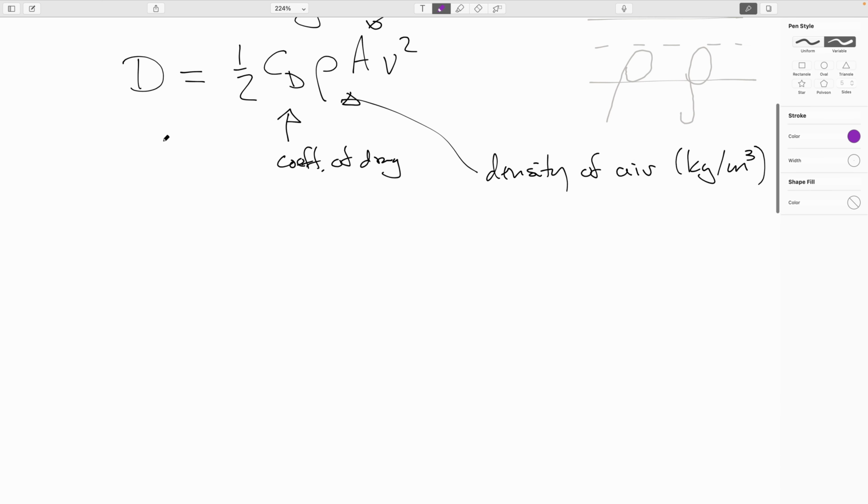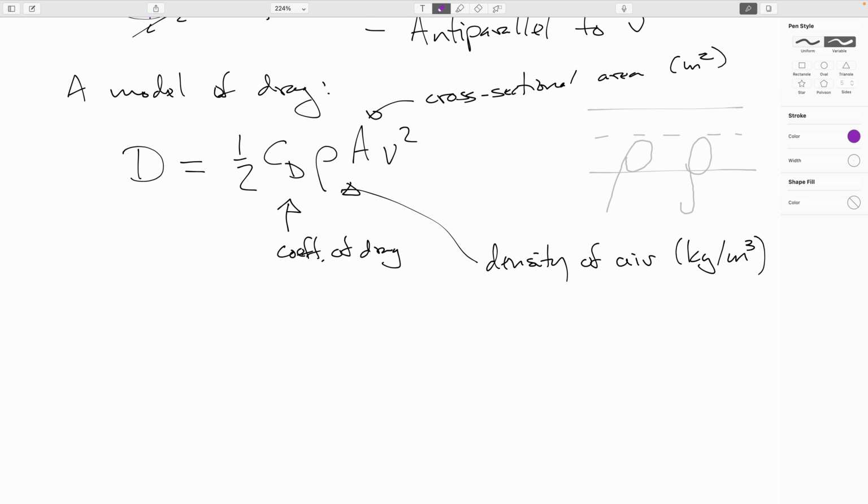Now, for a typical skydiver-like thing, and this won't be exactly right because it depends on the clothing the skydiver's wearing and stuff like that, so I'll put that in quotes, we can take this 1/2, the coefficient of drag and the density of air, and turn this all into a number that's roughly 1/4 of a kilogram per cubic meter.